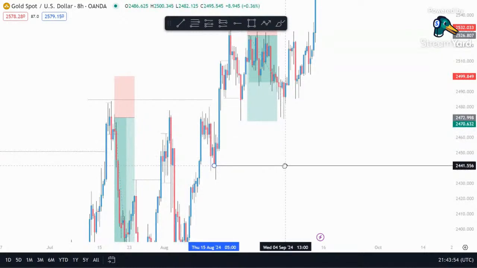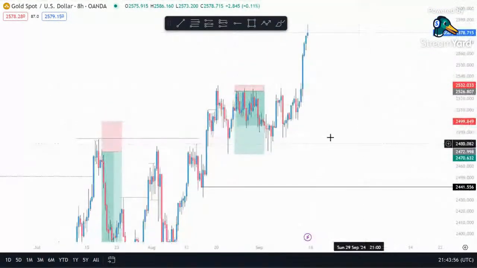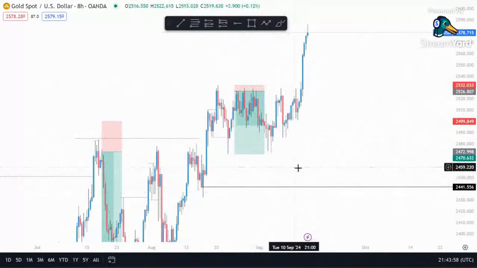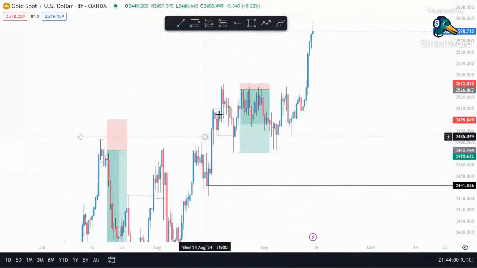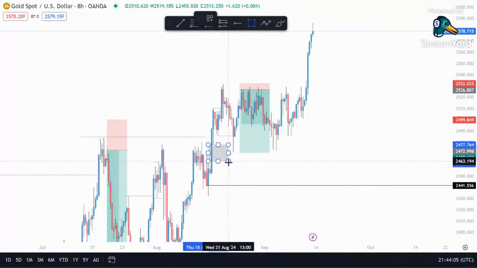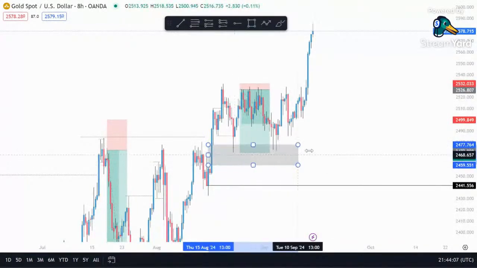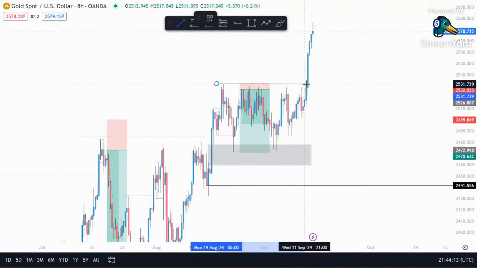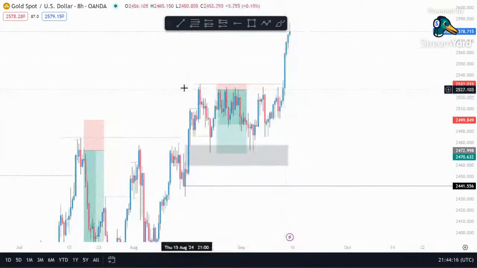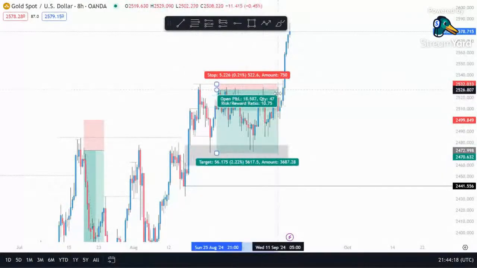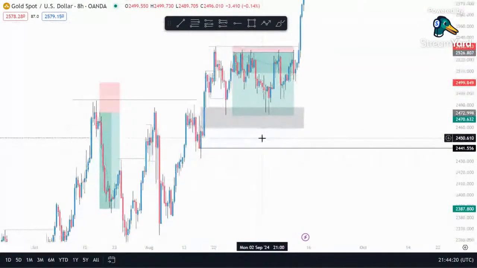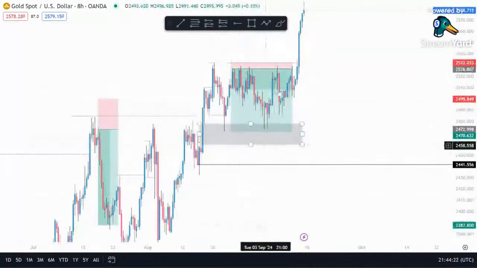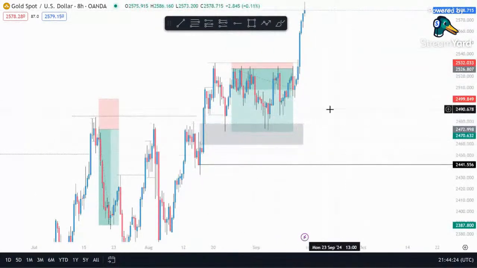The price would still go down. But what happened? Price just came into this fair value gap and started buying. It took out our trade, because we were waiting to catch the sells down to the discount level, but price never did.